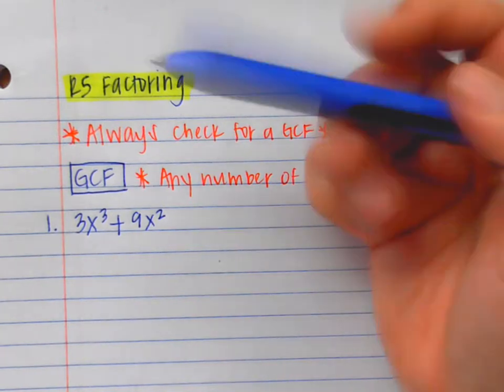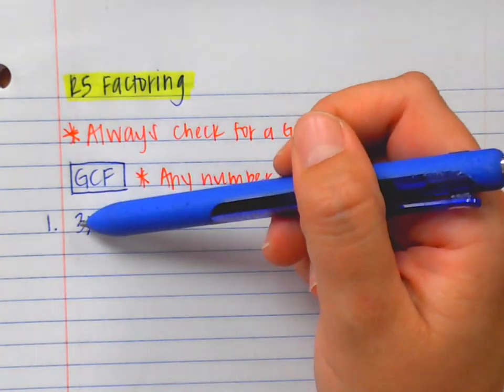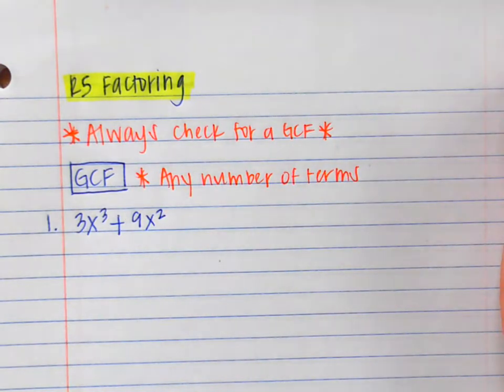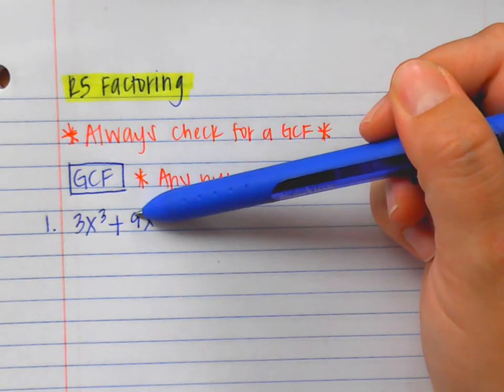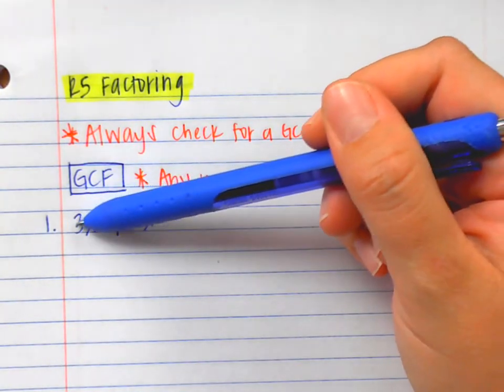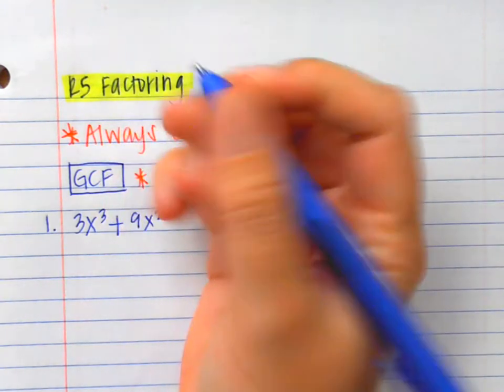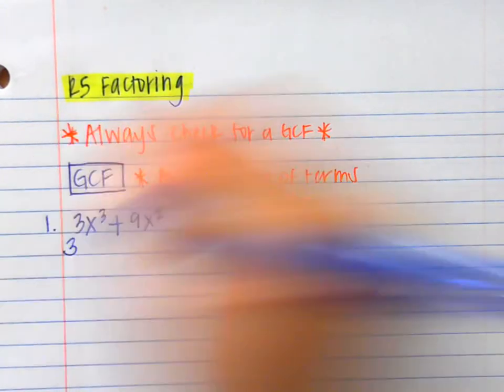But if you don't feel comfortable with it and you need that refresher, I'm going to go through it right now. So looking at it, first I look at the numbers, the 3 and the 9, and I think, okay, what number divides evenly into both 3 and 9? That would be 3. I always look at the smallest number first and think, does 3 go into 3? Yeah. Does 3 go into 9? Yes. So I can factor out a 3.